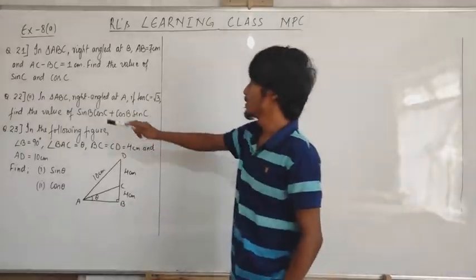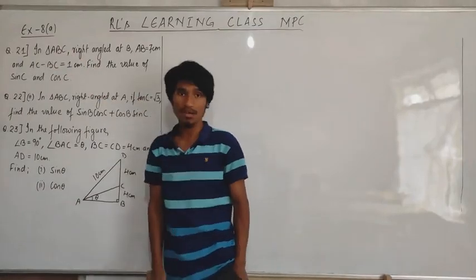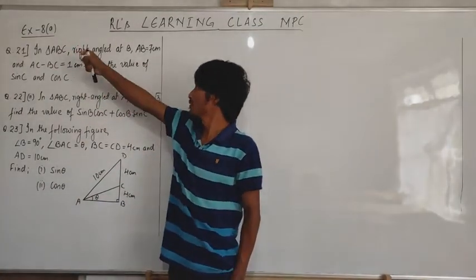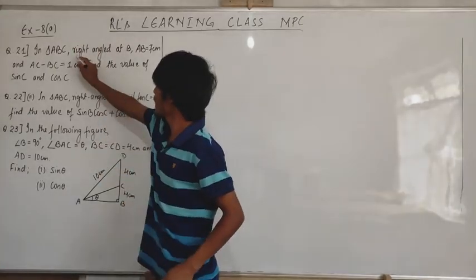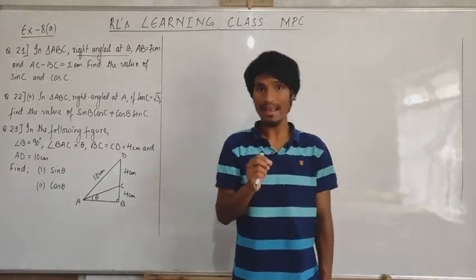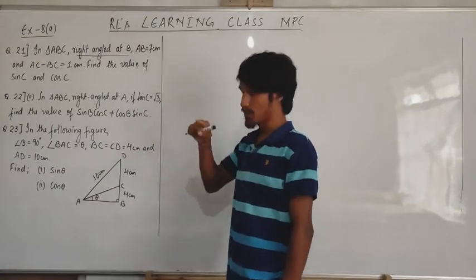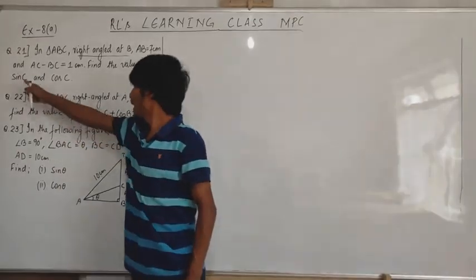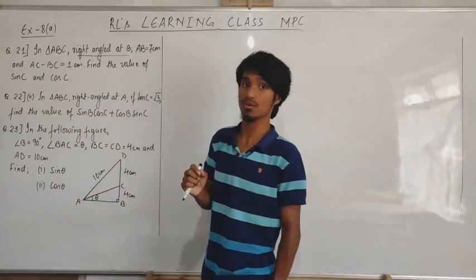Look at this question: in triangle ABC, right angle at B. Please do check this, right angle at B. I'll explain what that means. Then AB is given as 7 centimeters, and AC minus BC is equal to 1 centimeter.